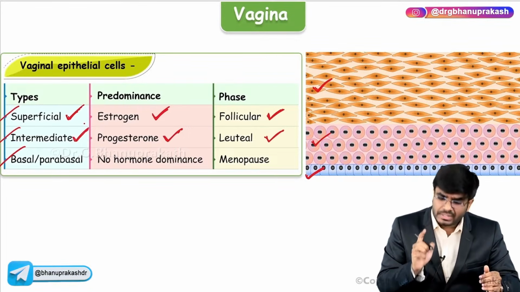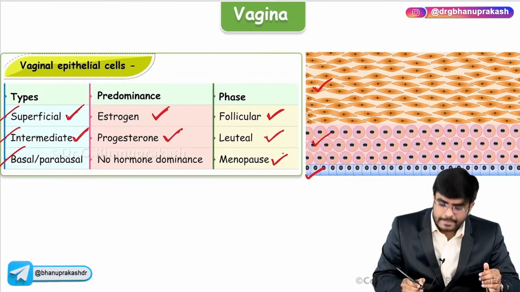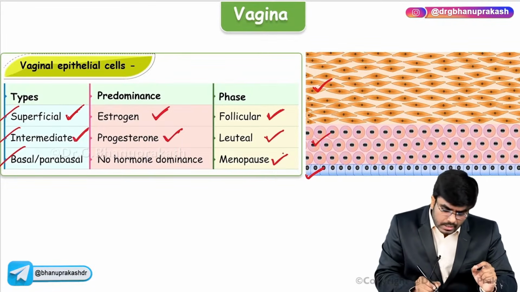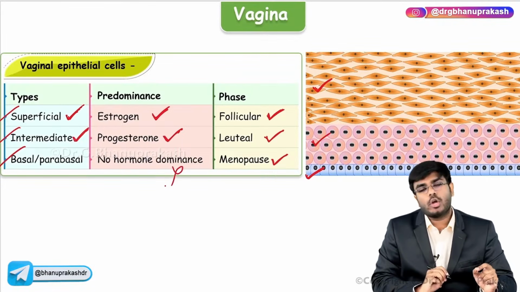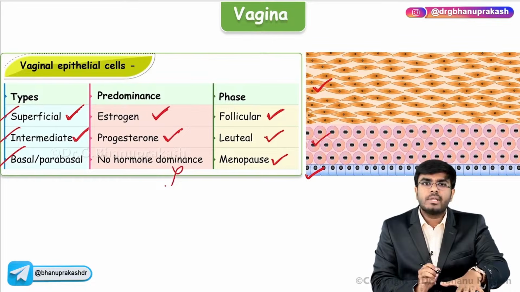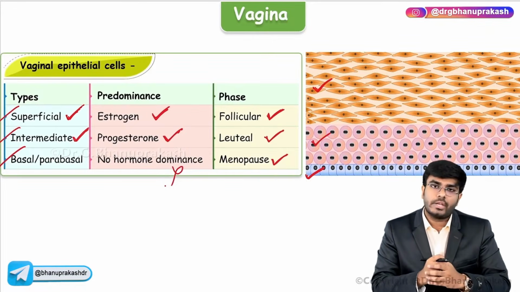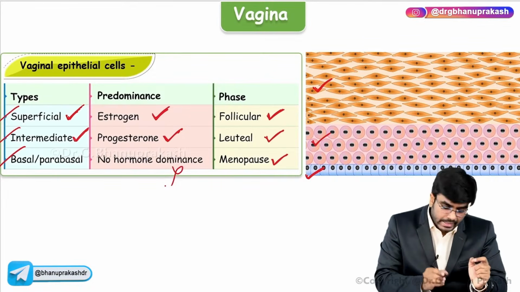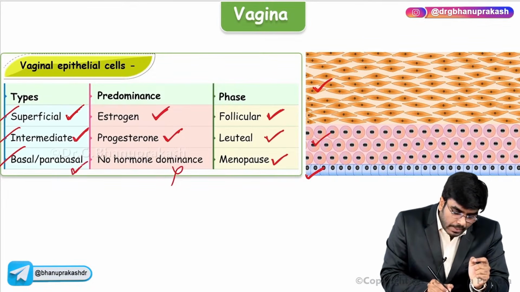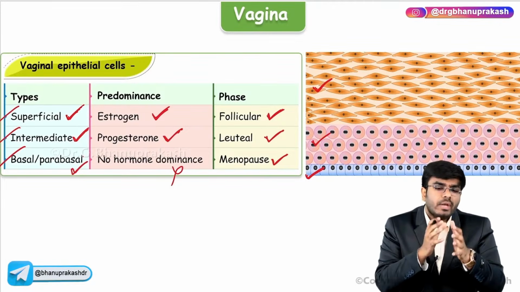And during menopause, please concentrate guys, you are not having any hormone dominance, means estrogens are going to come down, even progesterones are going to come down, both will fall down. Now during this state there will be more basal or parabasal cells. Now why are we discussing this?